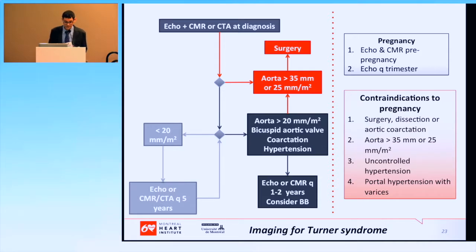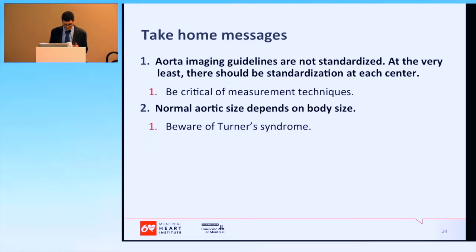But if the diameter is between 20 and 25, if there is a bicuspid aortic valve, coarctation, or hypertension, imaging follow-up should be done closer in time. So another take-home message, normal aortic size depends on body size, and beware of Turner syndrome.